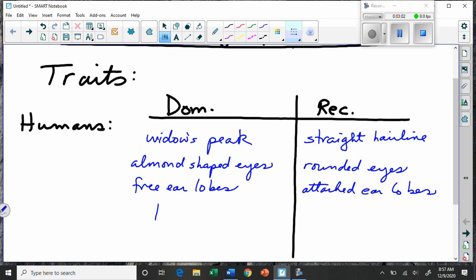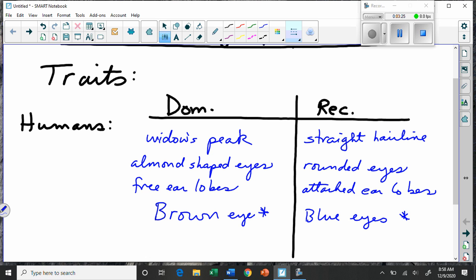Typically, the color brown, when we're talking about eyes, is more dominant over, say, blue. But the problem with eyes, I'm going to put a little star here, is there's more than one gene that controls eye color. When there's more than one gene that controls something, you tend to get a lot more variations.